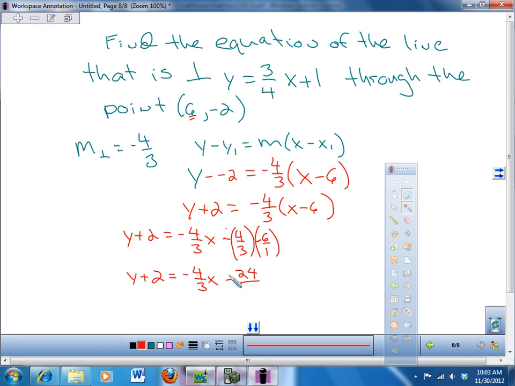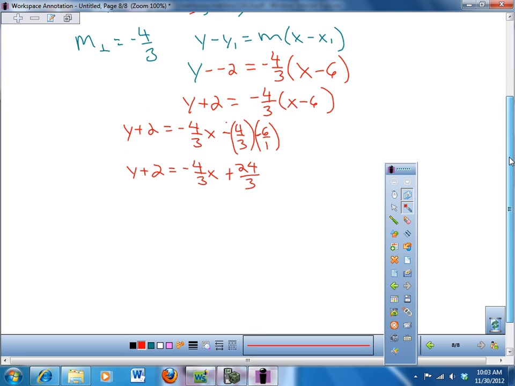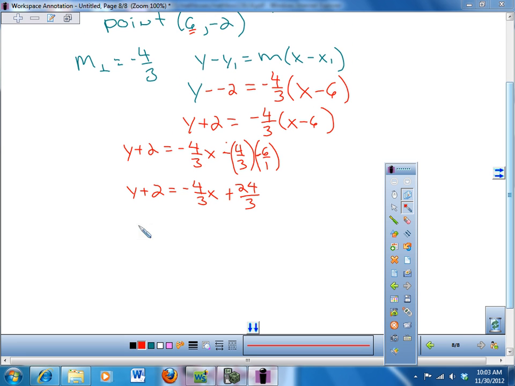So that gives you positive 24 over 3, which gives you, I know this is a lot of work, y plus 2 equals negative 4/3 x plus, what's 24 divided by 3? 8.